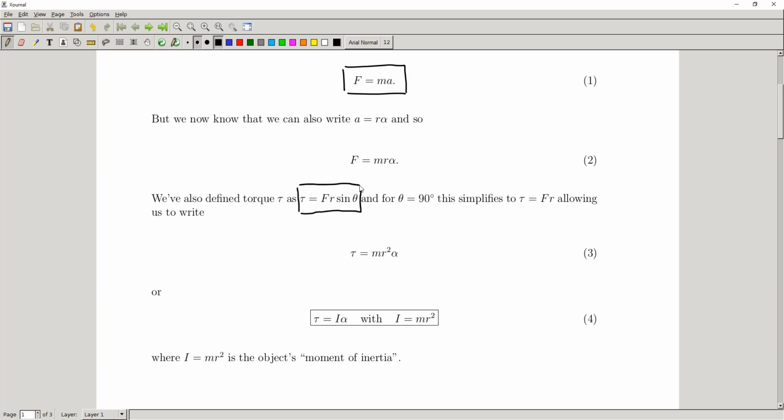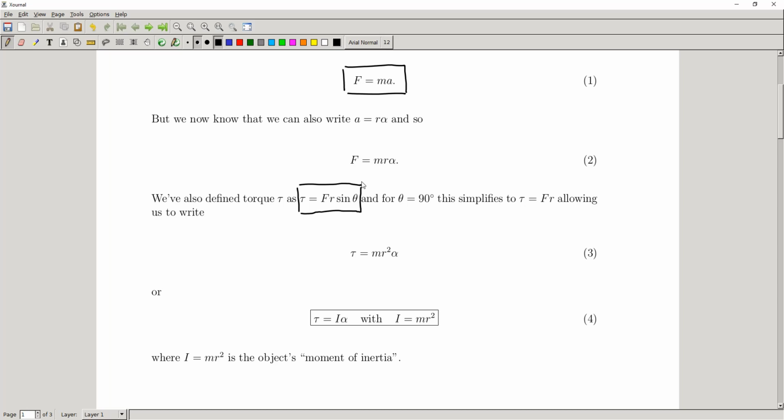This is just our definition of torque from last module. It's often useful to think in terms of torques instead of forces when we're dealing with these rotational problems. So instead of writing Newton's second law as a force being equal to a mass times a radius times an angular acceleration, let's incorporate this idea of torque.